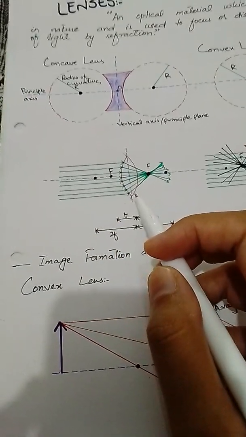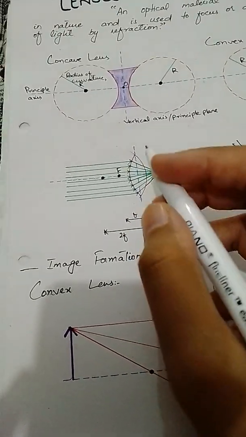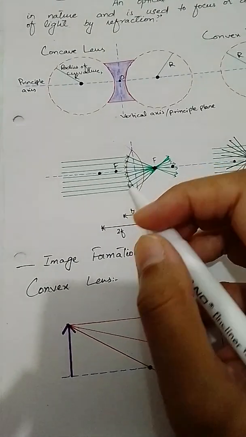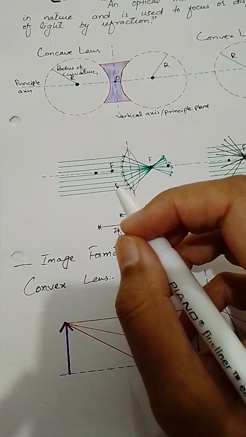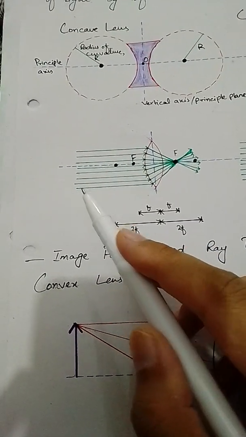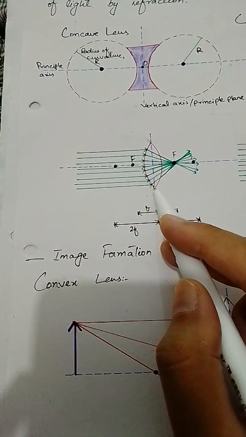In case of convex lens, what happens? It just happens like in the case of a mirror, but the image formation is on the other side of the mirror.